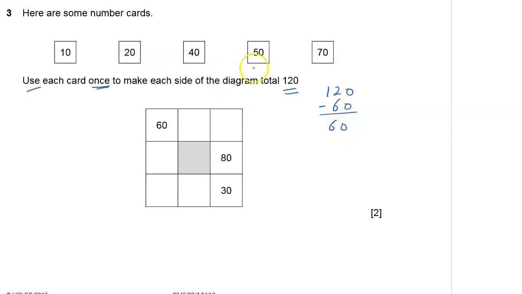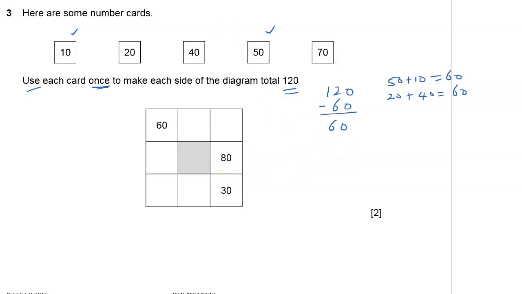We don't have 60 in this number of cards, but we have 50 and we have 10, which can total to 60. So 50 plus 10 will give us 60, or even 20 plus 40 will give us 60. Choose whichever one you want to use, but you will also be guided by this other column here.